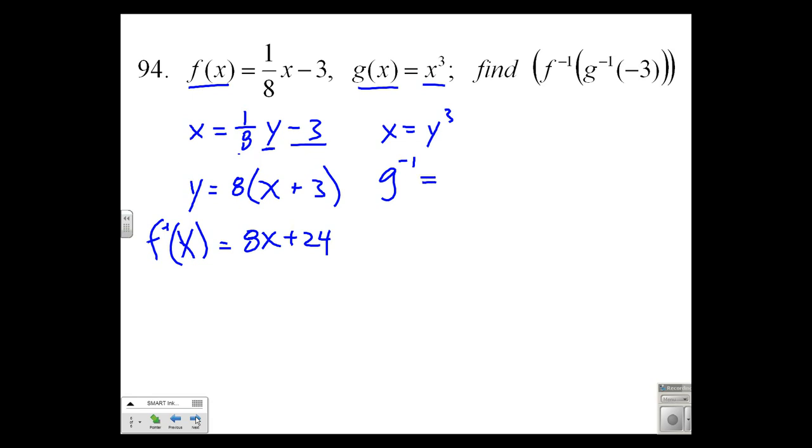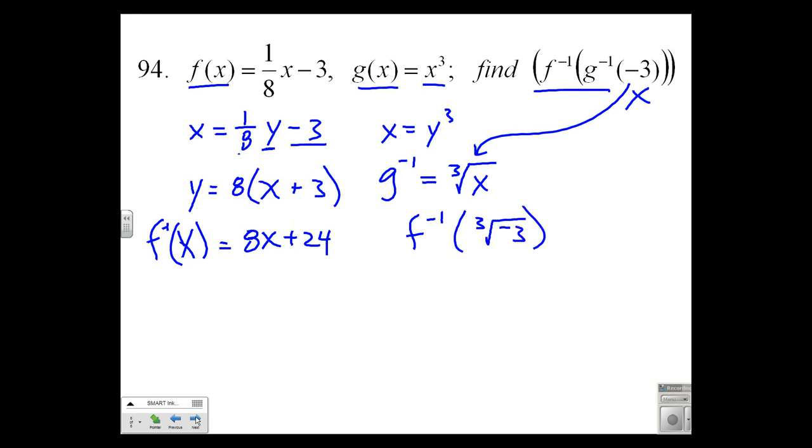G inverse is third root of x. So now I have a choice. Now I can build my f inverse of g inverse factory with x, or I can just put negative 3 into g inverse, and I still need to find f inverse of third root of negative 3.